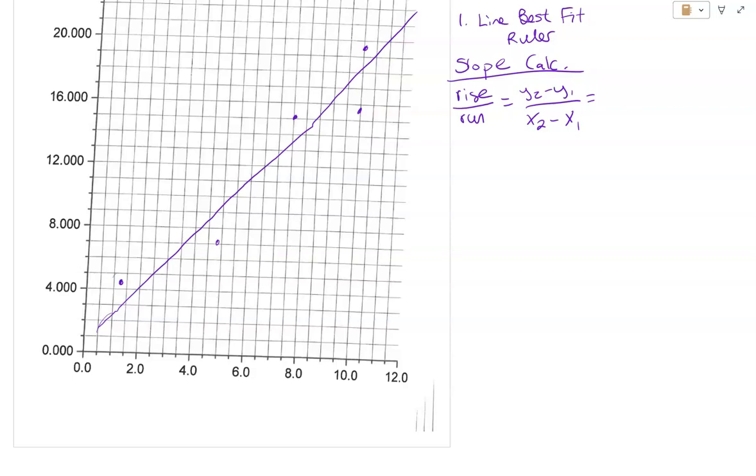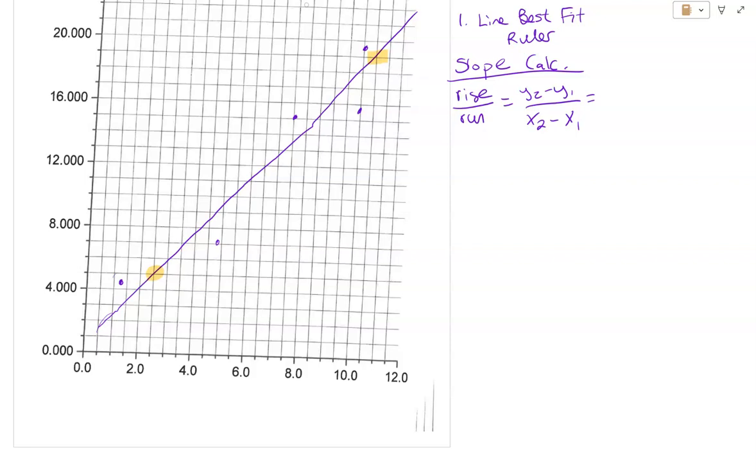You're going to use a point that actually intersects a nice easy spot of your graph, so you know exactly what that number is. You don't have to guess if it's 0.5 or 0.6.